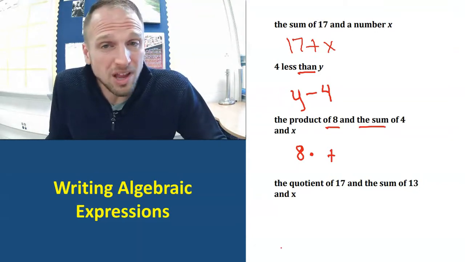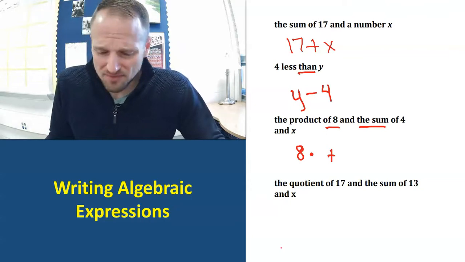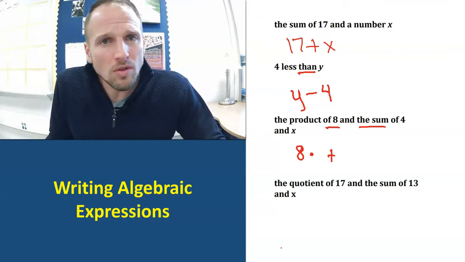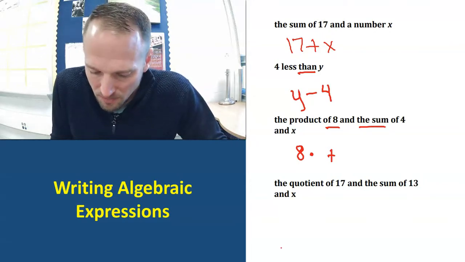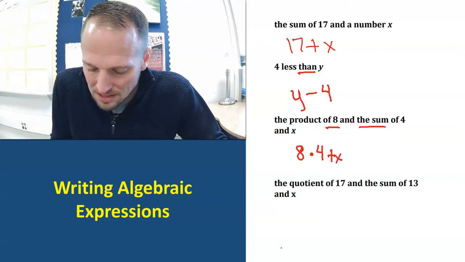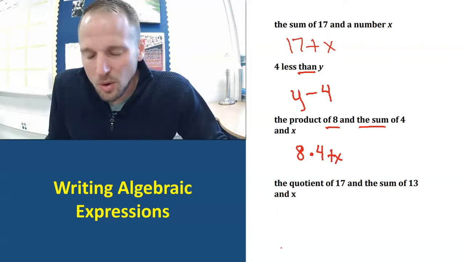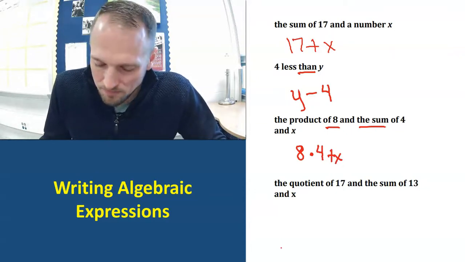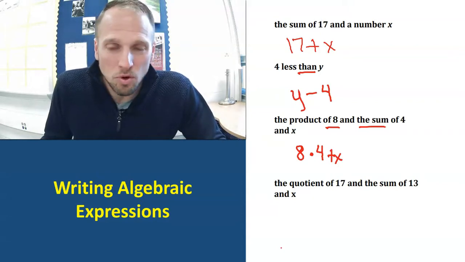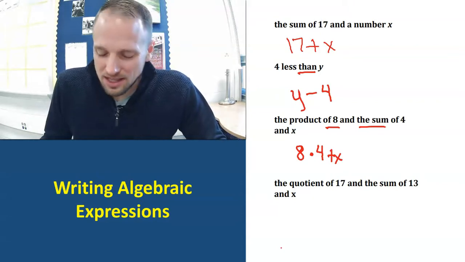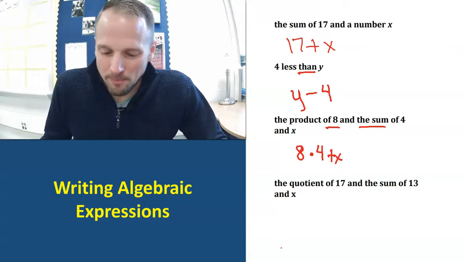So we're multiplying 8 times a plus. Just stick with me, okay? What are the two things we're going to add? The sum of what? Well, it says the sum of 4 and x. Okay, now there's one more thing there. So this kind of got a little bit out of order, because it's just a little bit messed up.